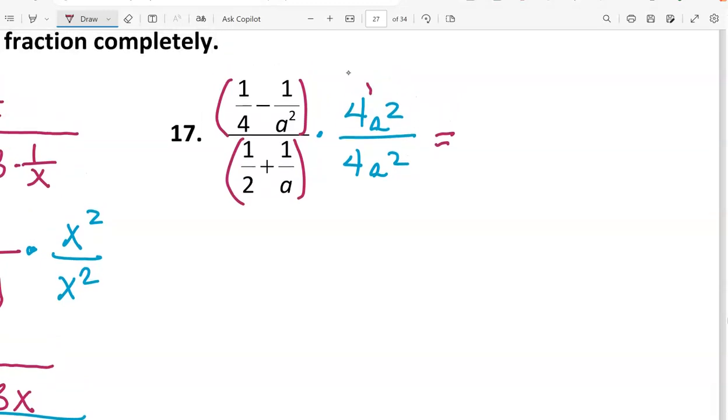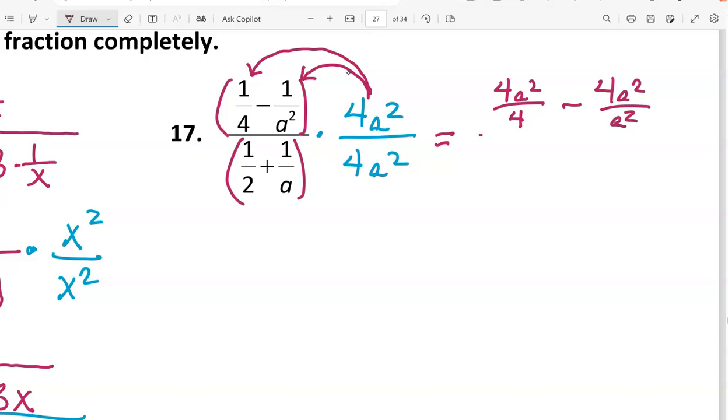So now let's distribute. 4a squared times 1/4 is 4a squared over 4. 4a squared times 1 over a squared is 4a squared over a squared. Downstairs, 4a squared times 1/2 is 4a squared over 2. And 4a squared times 1 over a is 4a squared over a.